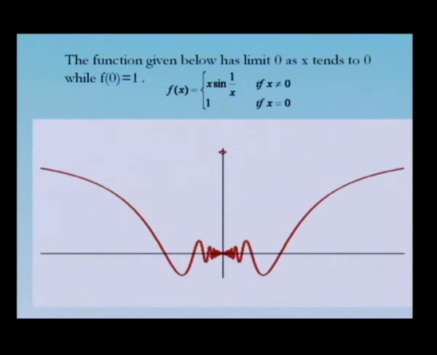See, when x is reaching 0, f is also reaching 0, either from the left hand side or from the right hand side. That is, from both sides, f is reaching the unique number 0. So f has limit 0 as x tends to 0.